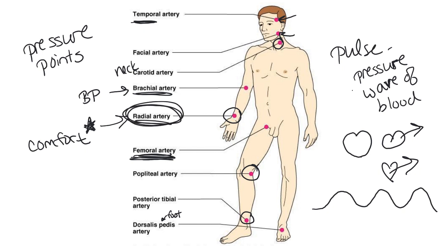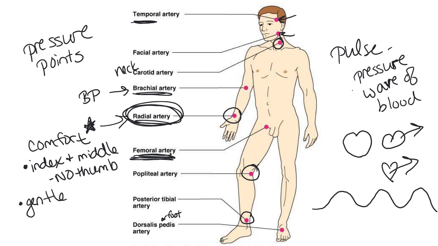And a couple of things to keep in mind when you take it. You use your index and middle finger to take pulse. We do not use the thumb because our thumb actually has its own pulse, so it can get confusing and difficult to tell which is which. So we use the index and middle fingers, and we want to be gentle.